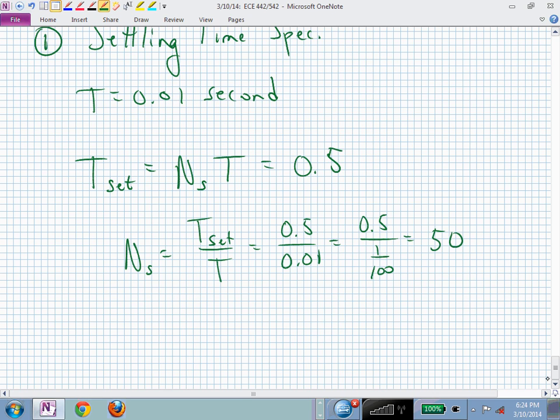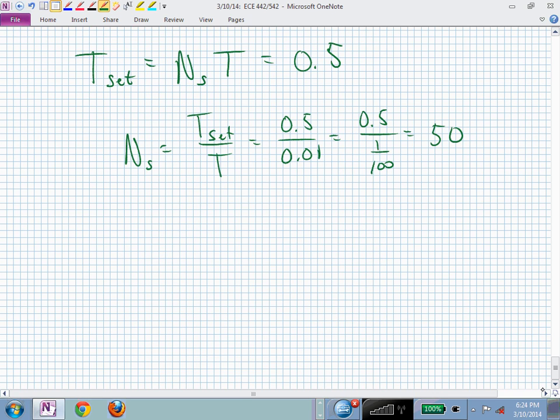And now that we know n sub s, we can translate that into a circle in the z-plane. We know that the radius of that circle raised to the 50th power for a 1% settling time needs to be 0.01. And this 0.01 has nothing to do with our sample period of 0.01. I'm sorry, maybe that was a poor choice for the sample period. Is that okay?